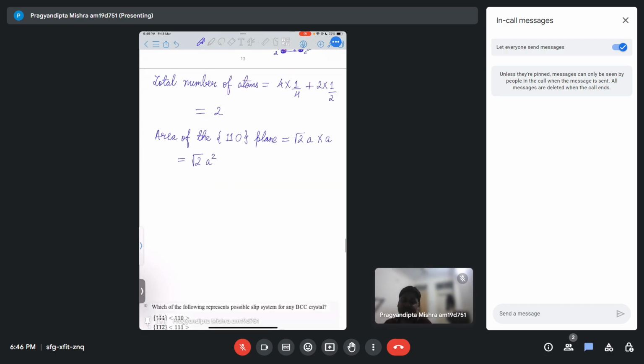Okay. So planar density will be equal to number of atoms in the plane divided by area of the plane.